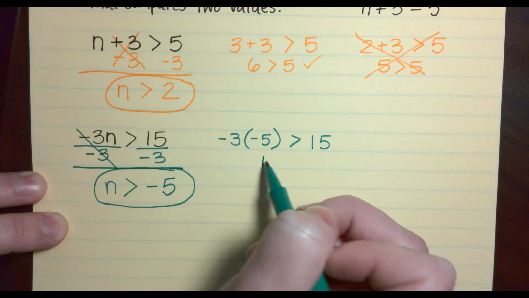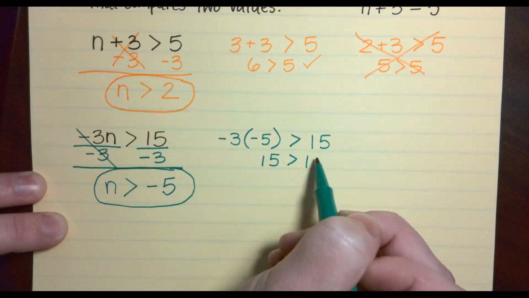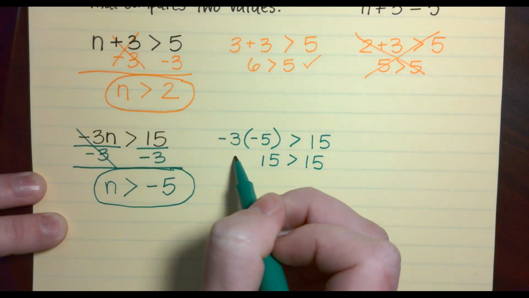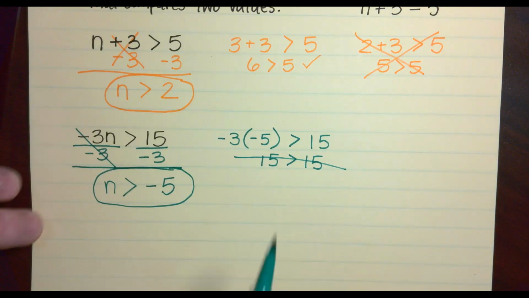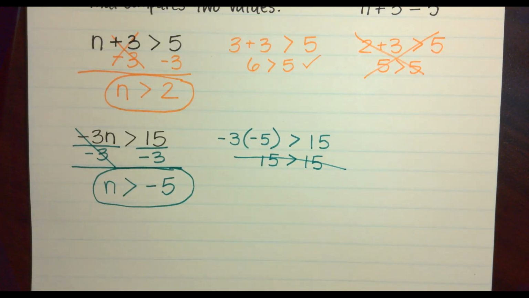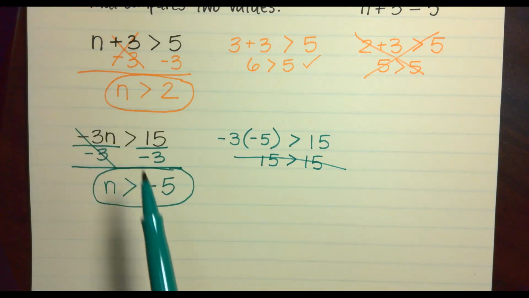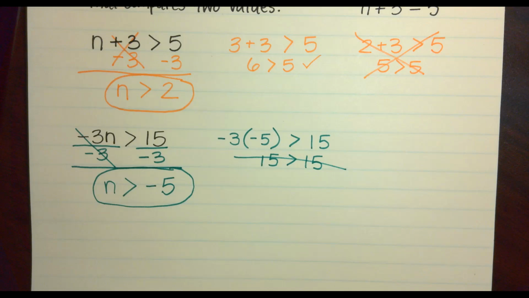And that's going to be 15 is greater than 15. And that is not true. 15 is equal to 15. It's not bigger. It's the same. So we know now that in this inequality, n can be any number that's bigger than negative 5.